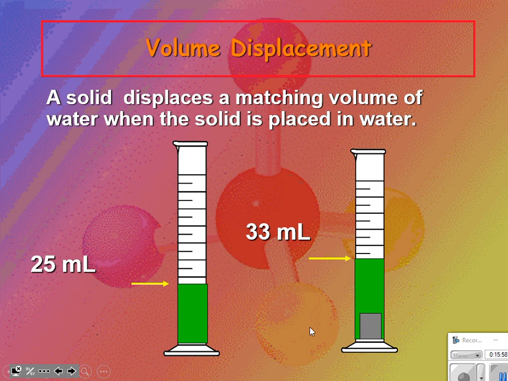So if we have irregular objects, we can use water displacement to calculate the volume. You're going to be using water displacement coming up in our lab here. I think it's on Monday or Tuesday, yeah.